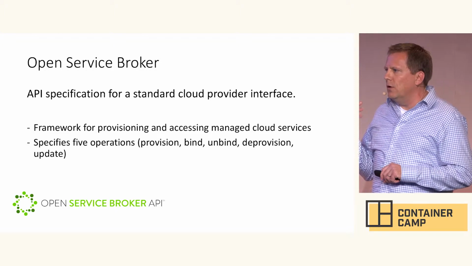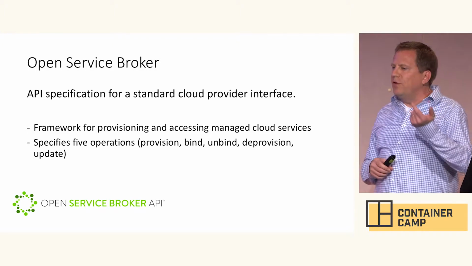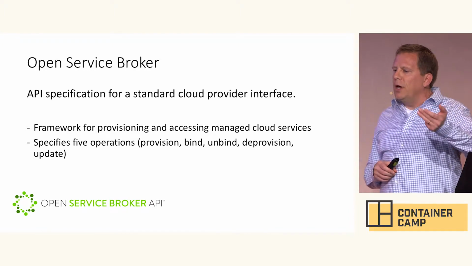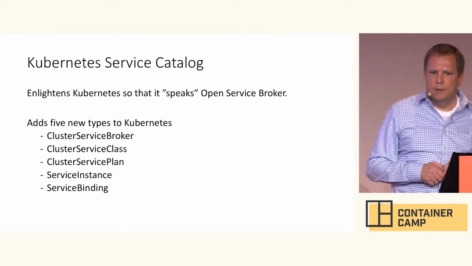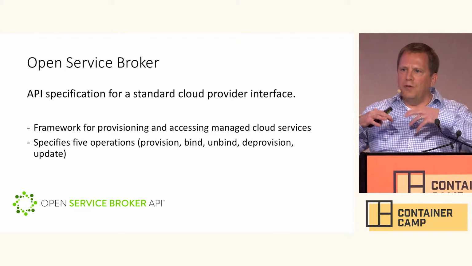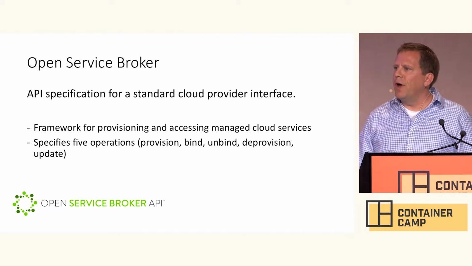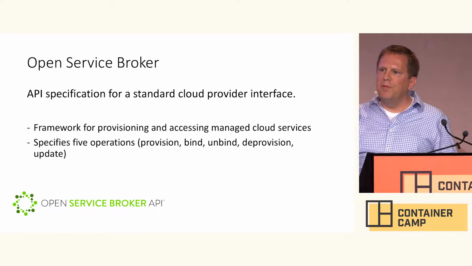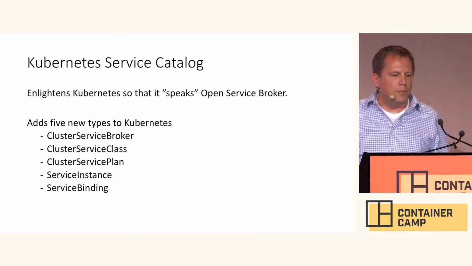And Open Service Broker specifies 5 operations: provision, bind, unbind, deprovision, and update. So Open Service Broker: a standard way to talk to cloud providers, a standard way to provision resources in cloud providers.